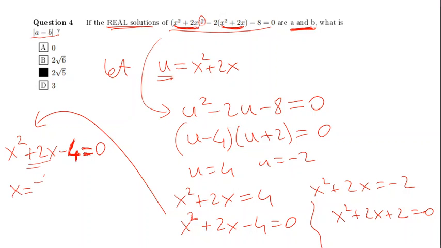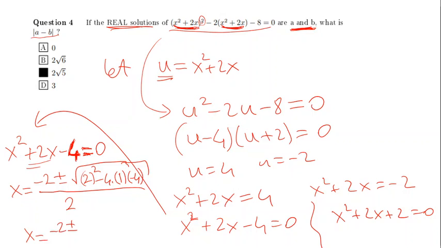This is minus b plus minus square root of b squared, which is 2 squared here, minus 4 times a, which is 1, times c, which is minus 4, divided by 2a. So this makes minus 2 plus minus square root of 4 plus 4 times 4, so it makes 20, divided by 2.